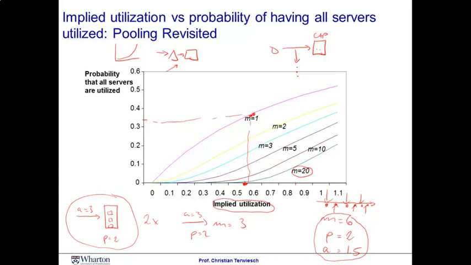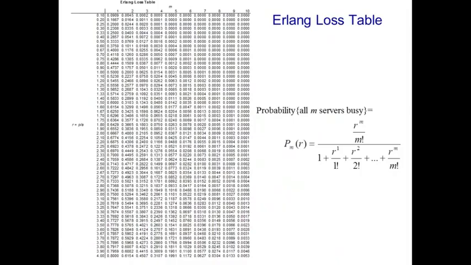Now, how do I take m equals 6, p equals 2, and a equals 1.5 and figure out the probability of waiting? Well, I promised you at some point I would show you the formula, so here it is. This is a model known as the Erlang loss formula. Mr. Erlang was an engineer working for the Danish telecom company some 100 years ago. His job was to figure out with what likelihood all the telephone lines would be busy. He came up with lots of cool math, including the one that we're discussing right here.